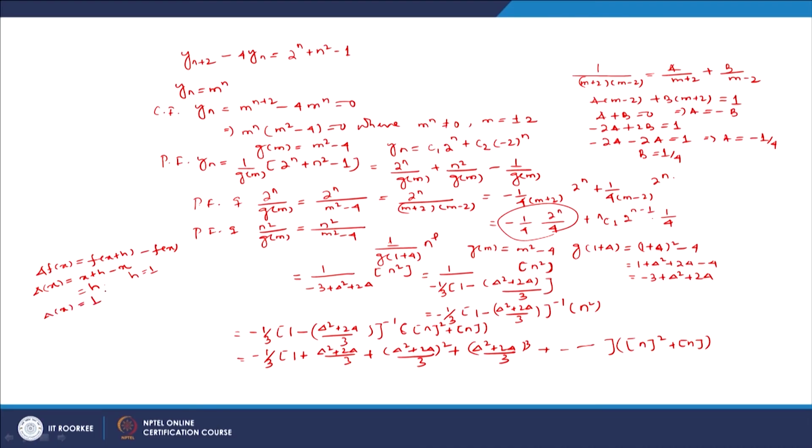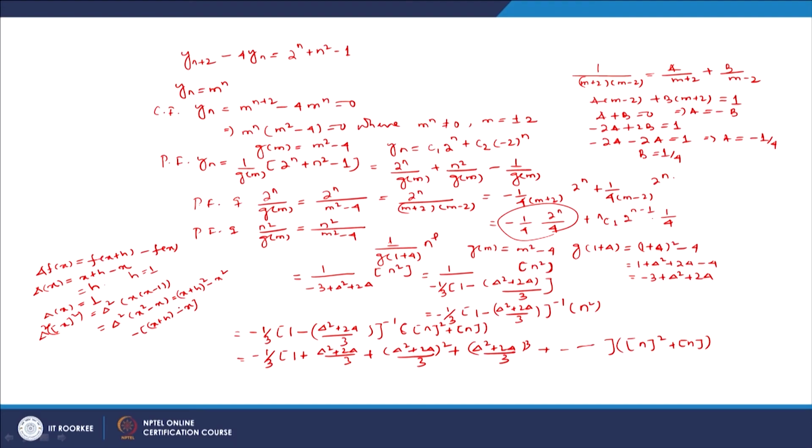And similarly, since we are operating this delta function on these factorial forms here, suppose we are operating delta square on this bracketed x square here. Bracketed x square means delta of x into x minus 1 here, which can be written as delta of x square minus x here, and which can be written as (x plus h) whole square minus x square minus (x plus h minus x) here.